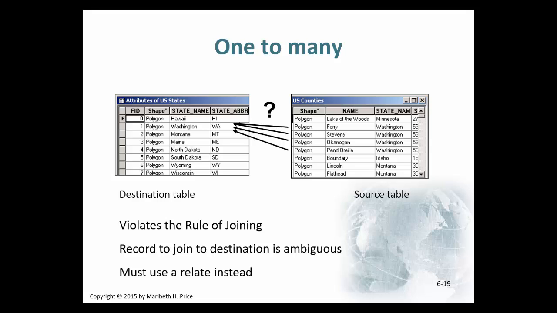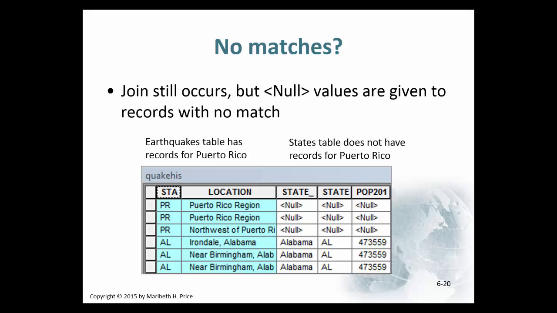A one-to-many relationship violates the rule of joining. When you need this situation, you can use relate instead of join. Sometimes when joining tables, not all the records have a match. In those cases, the values are given a null value.